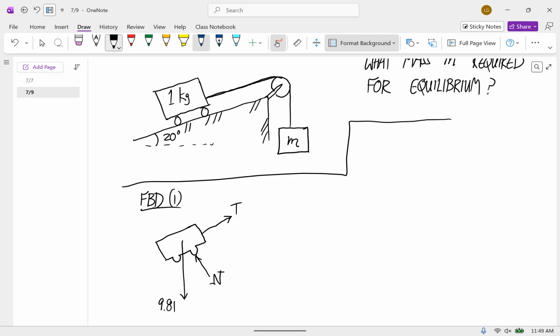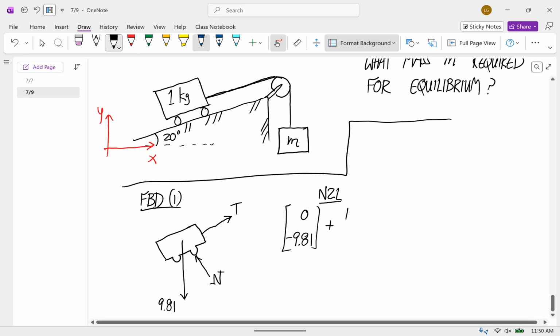And we're going to assume that this is in equilibrium, so we can use the rules of statics for this. So Newton's second law says 0, negative 9.81. We've used the same coordinate system orientation all day today, and I'm going to use it again here. To get from the positive x-axis to the orientation of T, if you put the tail at the origin, that's a 20-degree angle.